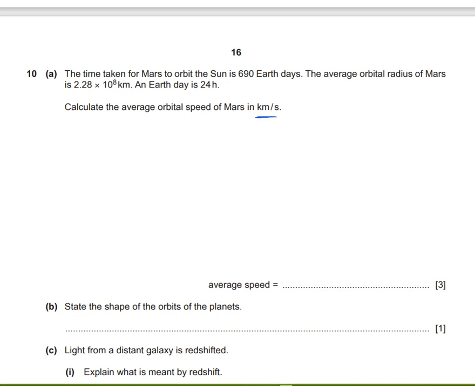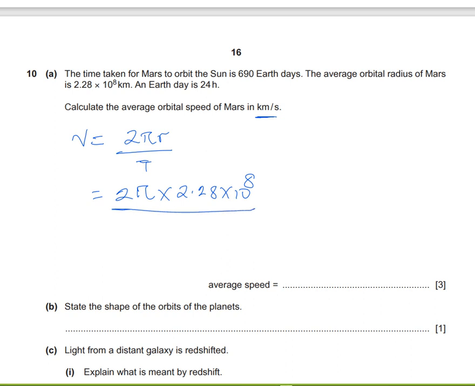So we know that orbital speed v is equal to circumference over period, or time taken, which equals 2 pi times the orbital radius, which is given as 2.28 times 10 to the power 8 kilometers, over time taken. We want our answer in kilometers per second, so we have to go as far as seconds.